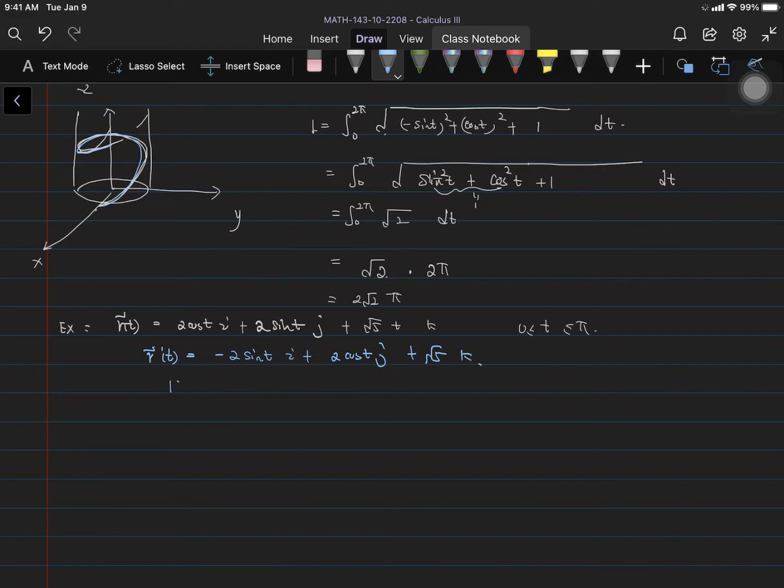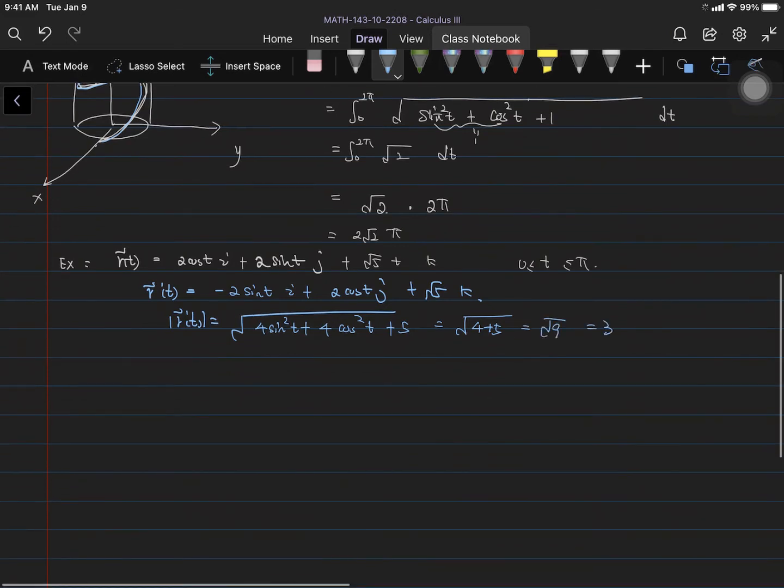And then we calculate the length of r prime t, which is the root of 4 sine squared t plus 4 cosine squared t plus 5, so 4 plus 5, the root of 9, which is 3. So actually L equals the integral from 0 to pi of the length of this, dt, which is the integral from 0 to pi of 3 dt. So the final answer is 3 pi.